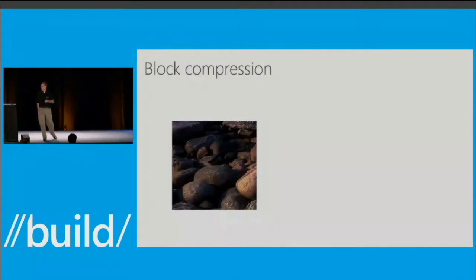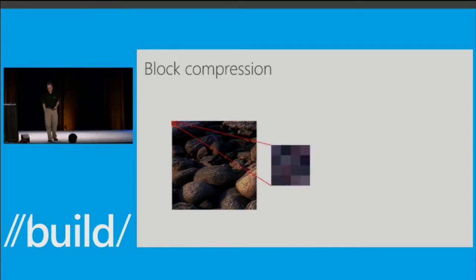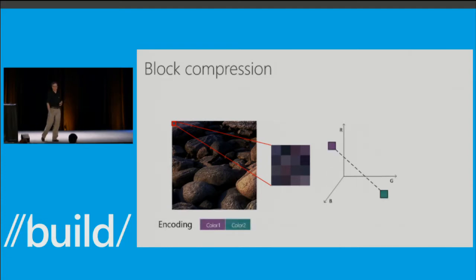So let's look at a quick highlight of what block compressed looks like. If we take an image like this and we look at a block, the encoding actually is going to look at 4x4 blocks, so that's 16 pixels at a time. And from those 16 pixels, we're going to analyze them in the RGB space, and we're going to find 2 points that most accurately represent the range of data in those 16 pixels.